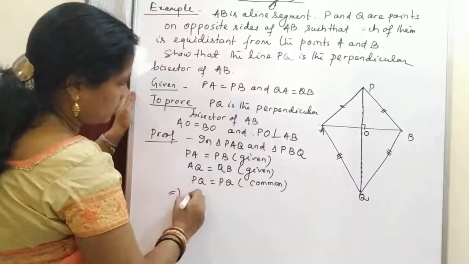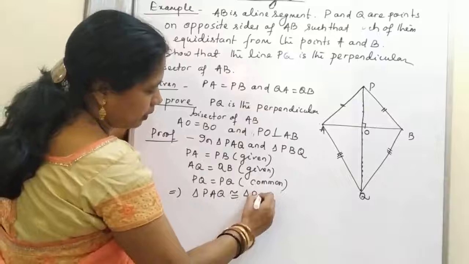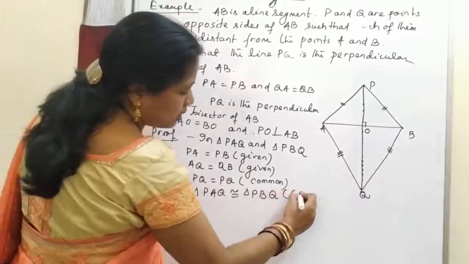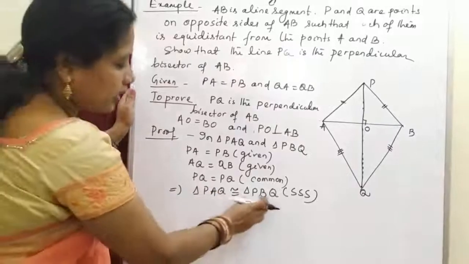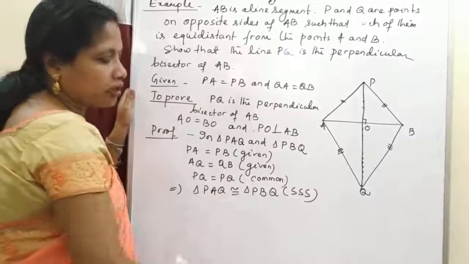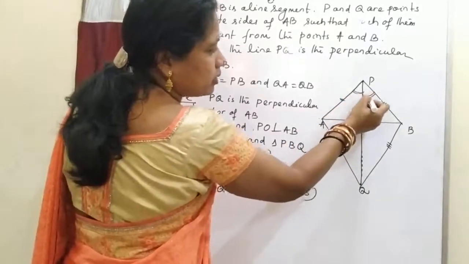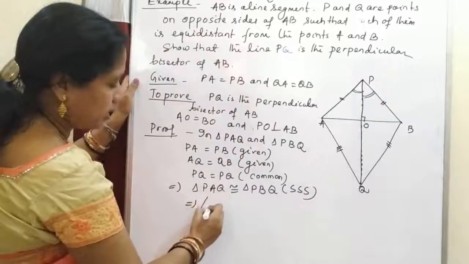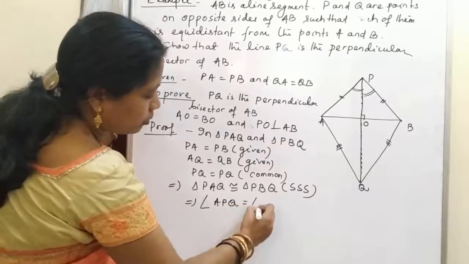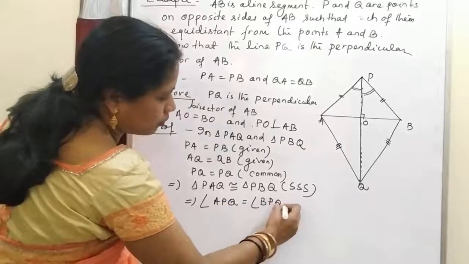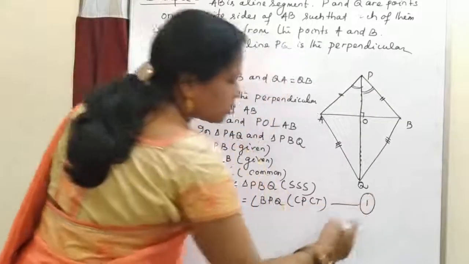So this implies triangle PAQ is congruent to triangle PBQ by the SSS congruence condition. If these two triangles are congruent, then their corresponding parts are equal. So angle APQ will be equal to angle BPQ by CPCT. This is our equation 1.